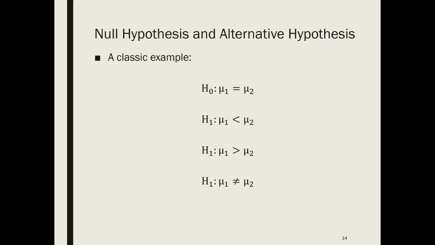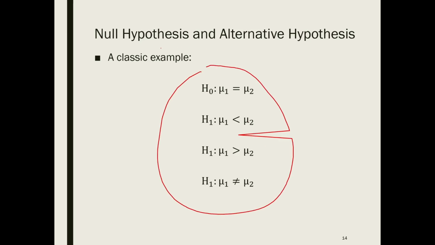So the classic example is this hypothesis. The null and alternative hypotheses could be used in, for example, the t-test, because we use mu, the mean of the population. So the null hypothesis will always be like mu1 equals mu2. That means the two population means are the same.